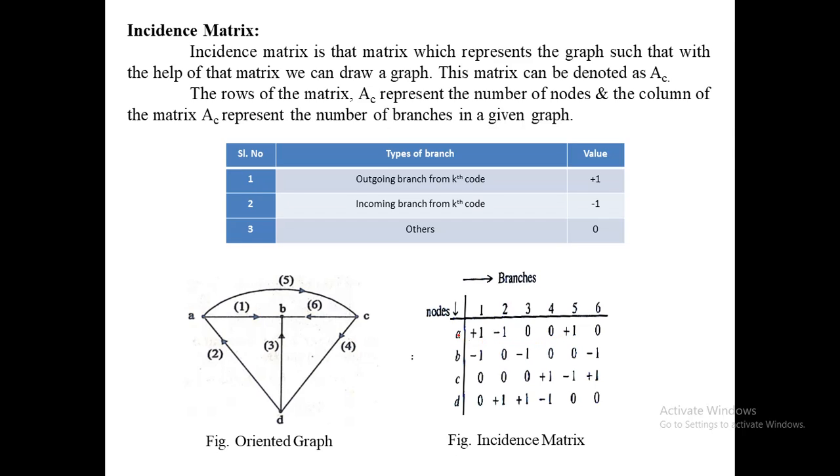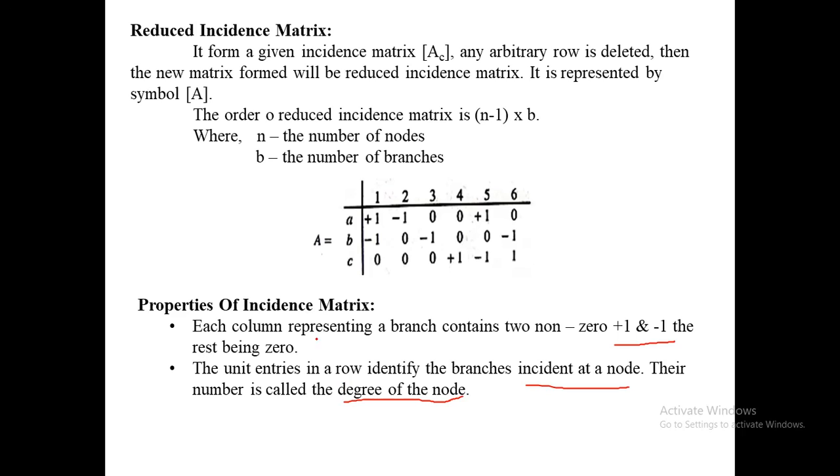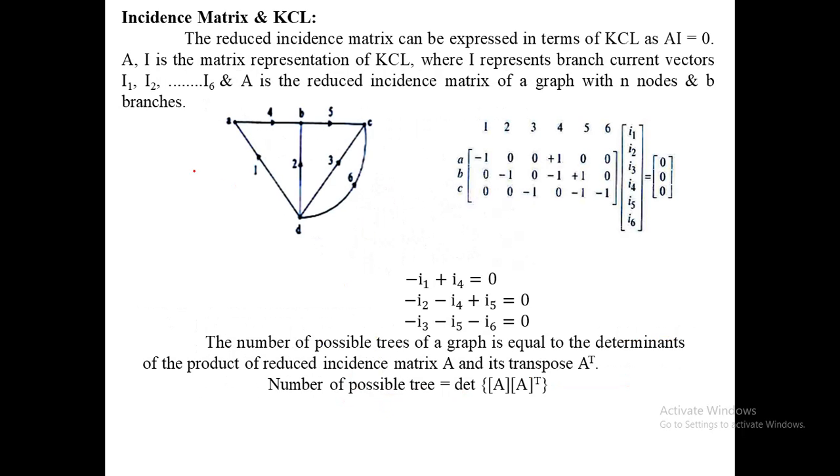Node B has 3, C has 3, and D also has 3. So the degree of each node is 3. This is a property of the incidence matrix.